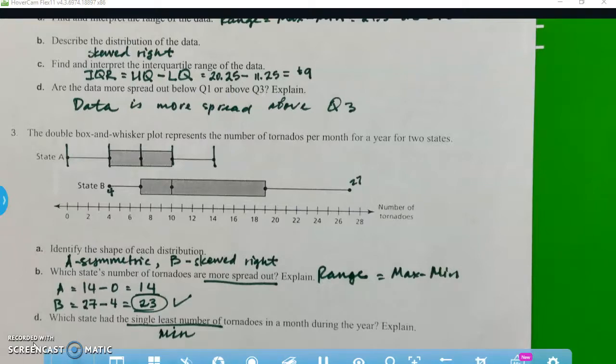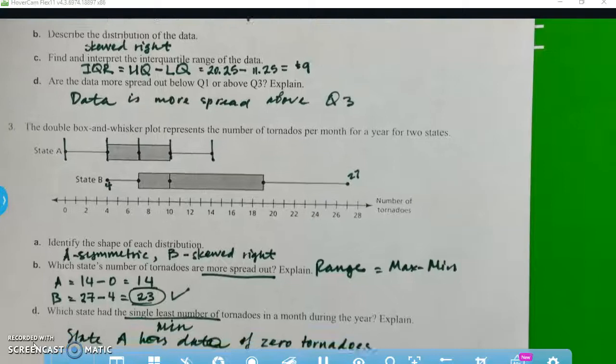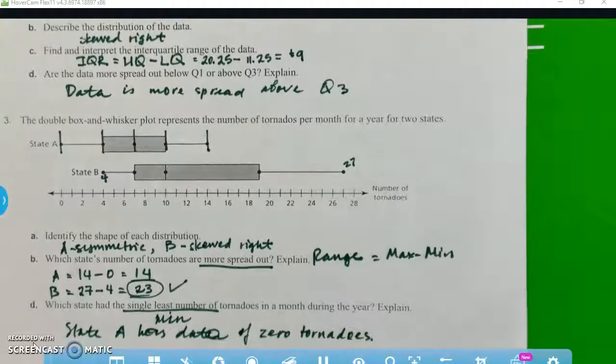So we would say that state A has data of 0 tornadoes in a month. Sorry, you did not see my note.